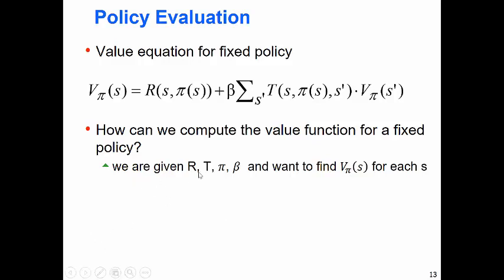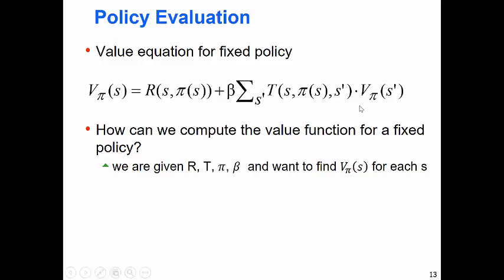So we're going to be given R, T, pi, and beta, and I want you to compute this. I'm going to let you assume this equation is correct. So what's special about this equation?